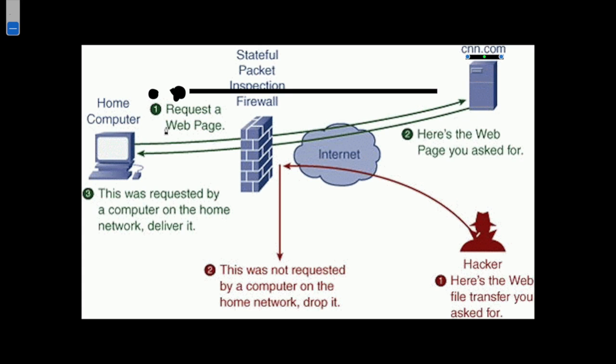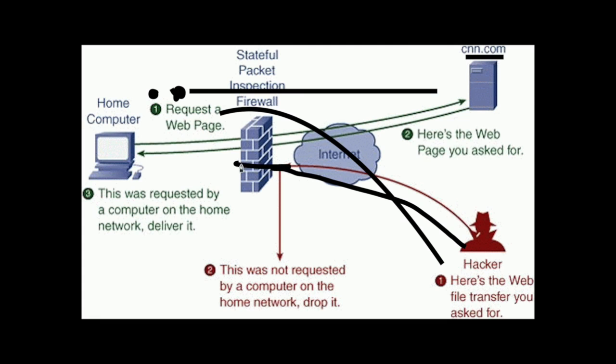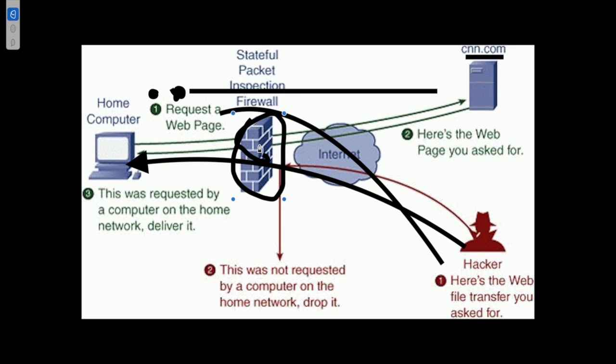But sometimes someone else, a hacker, picks up on what you've requested and sends you something different. Something the hacker wants you to get or receive. And the only thing that's preventing the hacker from actually going to your computer, to actually going through your system, is this wall right here. This is the only thing that's actually stopping this person from entering your system.